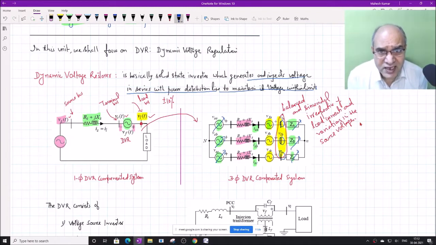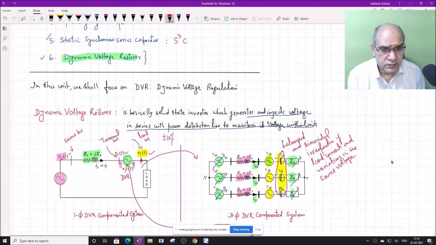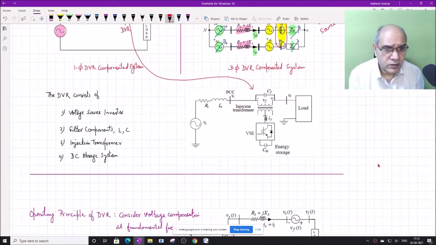Now you may ask that this voltage VF which I have shown here, what does it consist of, how is this injected, what is the mechanism, what is the circuit for this. Now the circuit is this, this is the real circuit. So this realizes the voltage VF, the whole scheme you can say this one.